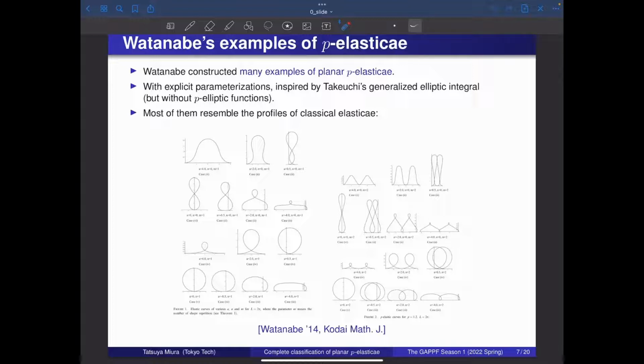These parameterizations are partly inspired by Takeuchi's generalized elliptic integral. But here, Watanabe didn't introduce any corresponding notion of p-elliptic functions; actually he used some p-elliptic integrals.